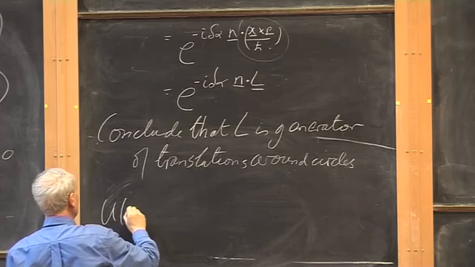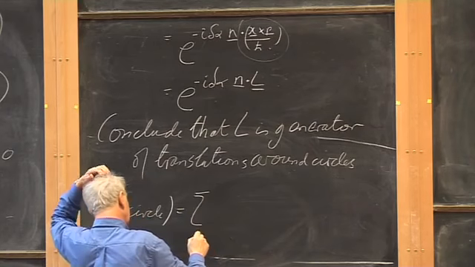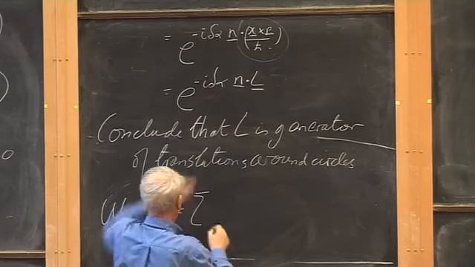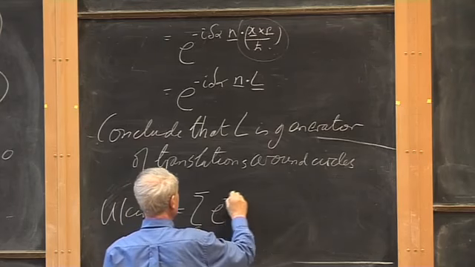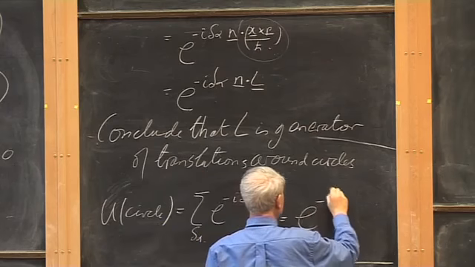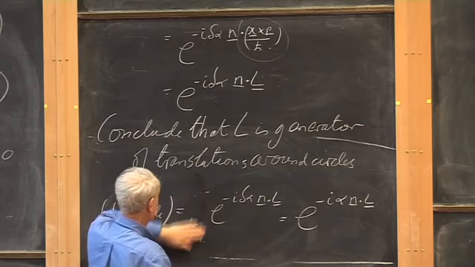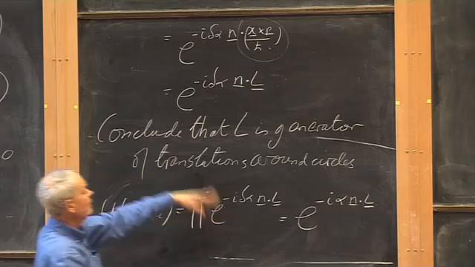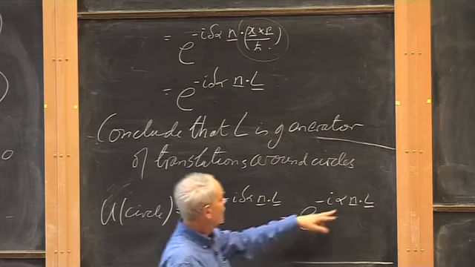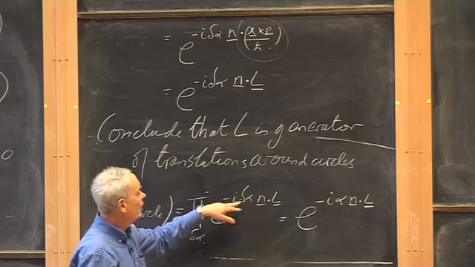So U for a circle is going to be the product of e to the minus i delta alpha n dot L for all sorts of delta alphas, which is going to be e to the minus i alpha n dot L. If we make a series of transformations, each one by delta alpha, then that product of these exponentials can be written as the exponential of the sum of the arguments.